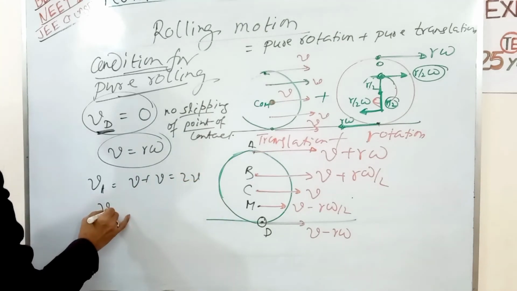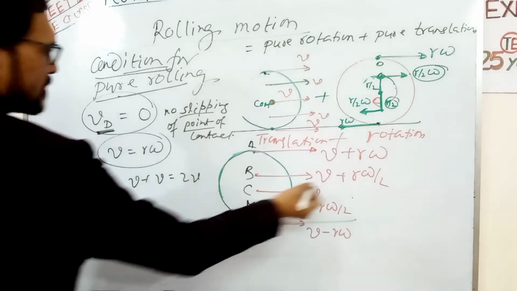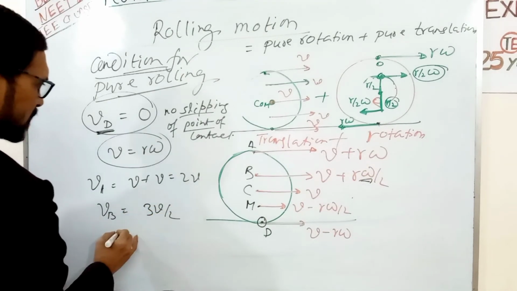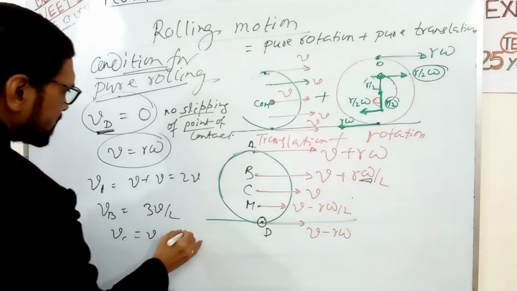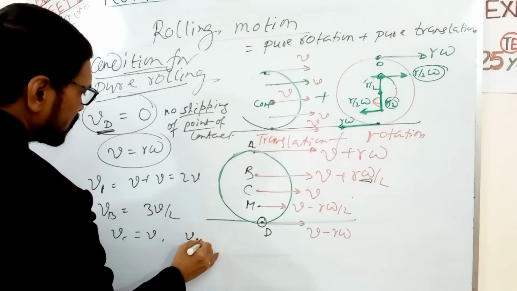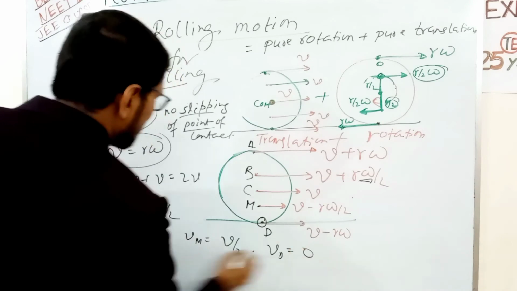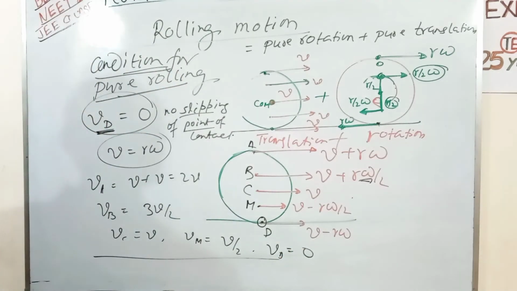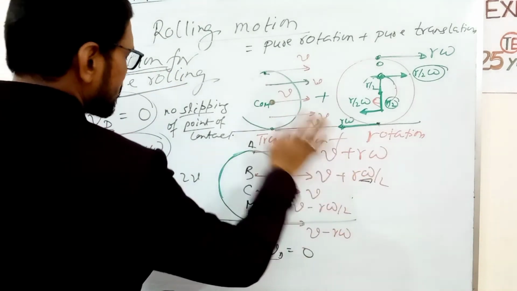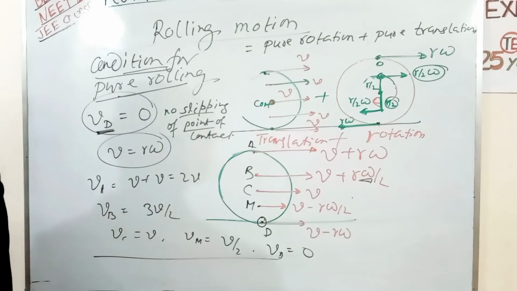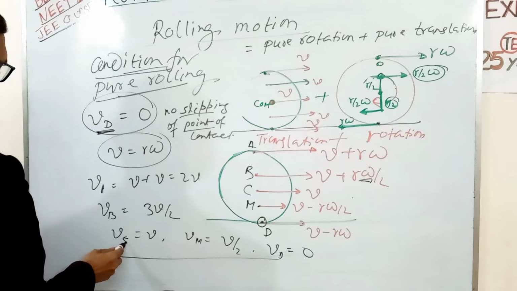Velocity of B equals v plus, putting r omega equal to v, v plus v by 2, that is 3v by 2, and Vc equals v. Vm equals v minus v by 2, that is v by 2, and Vd equals 0. So if a body moves with velocity v, we get different velocities at different points in this way.